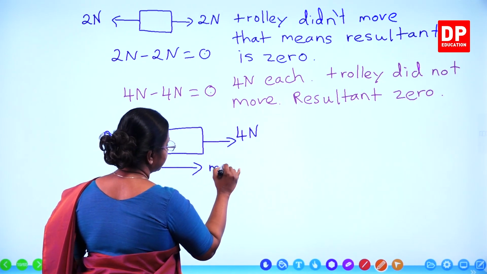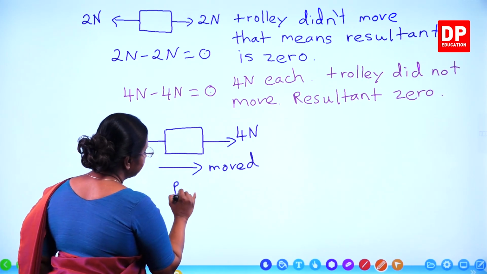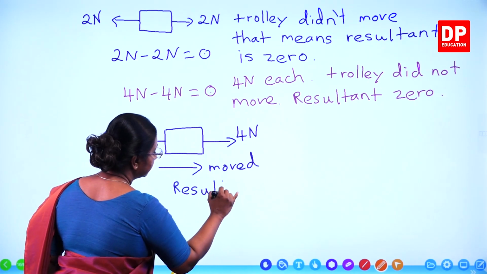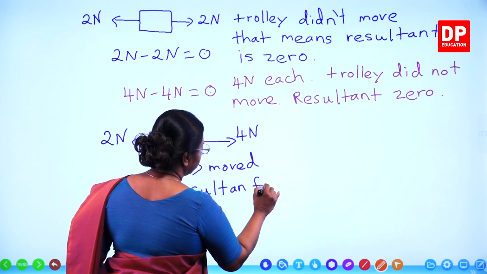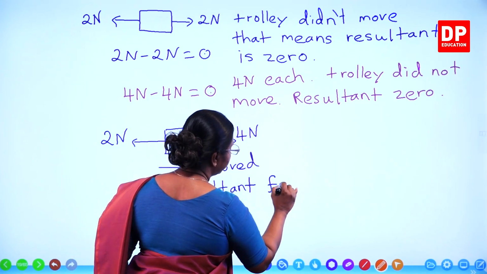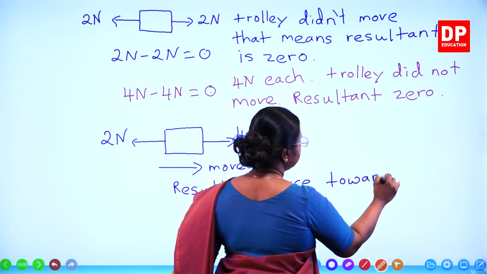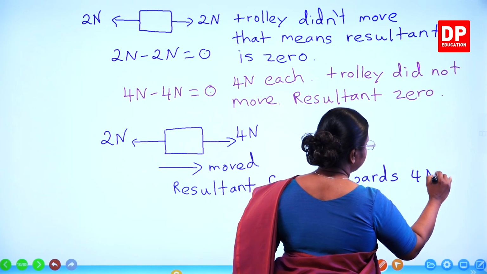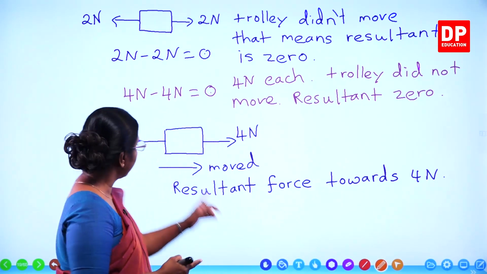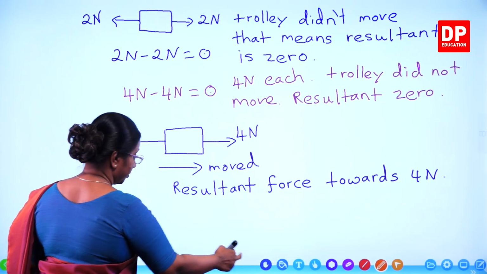Trolley moved in this direction. So that means there is a resultant force towards 4 Newton.